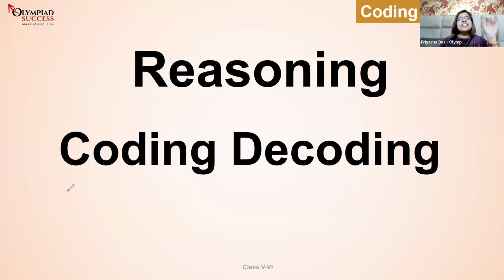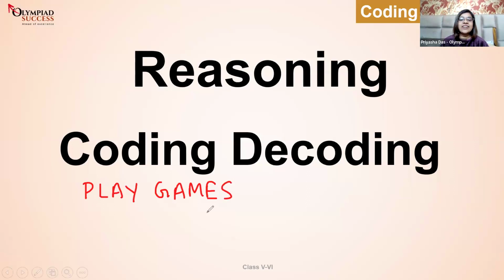So, for example, let's say that we all want to play games, but we can't tell this to anyone around us. So, in that case, we would be using coding decoding. One easiest way of saying this could be, for example, suppose I want to send this message to you people in chat.